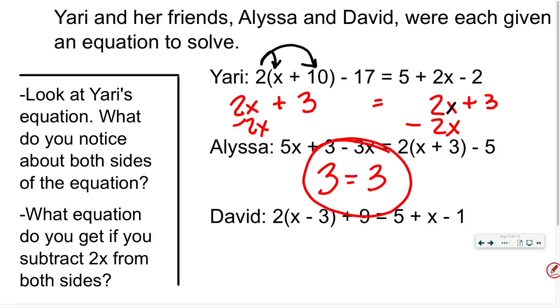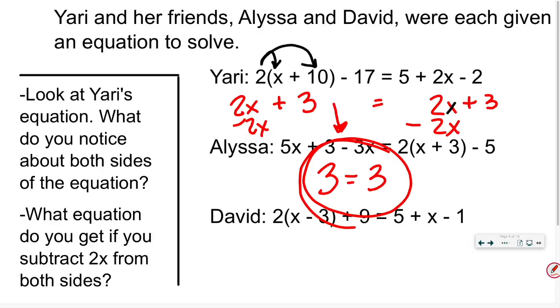What does that mean? It means that both sides are equal. It means that this is a true statement. That means it's true. And some students want to say that 3 equals 3, there's no solution. That's actually the opposite. Any solution is a solution, because no matter what I do in this scenario, 3 will always equal 3.